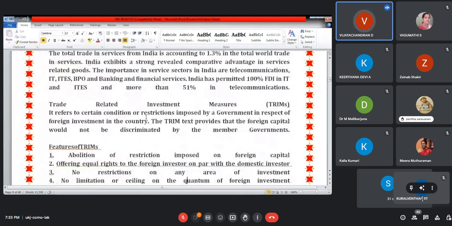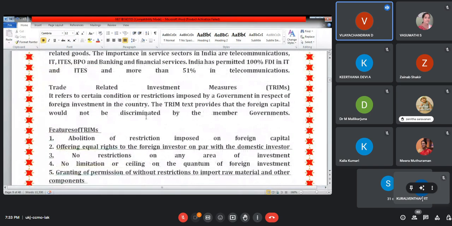Next, I'm moving into TRIMS. What is TRIMS? Trade related investment measures. If any country is inviting investment from another country, there will not be any barrier.